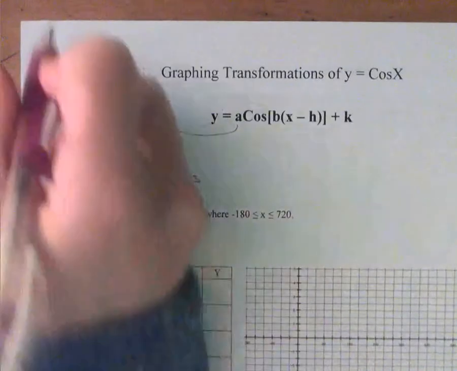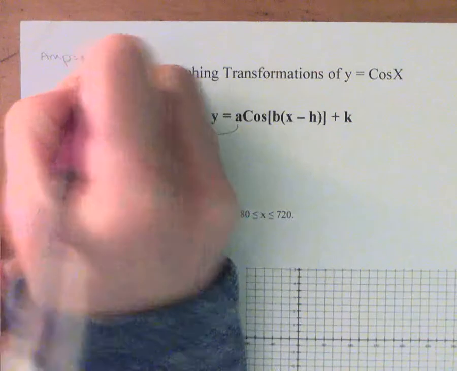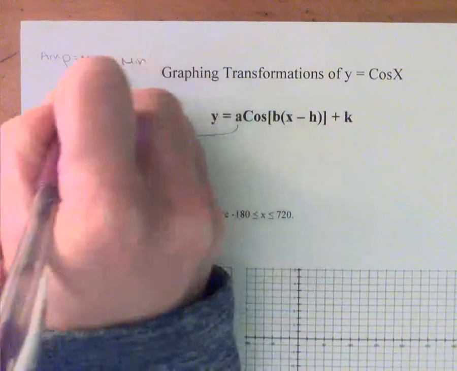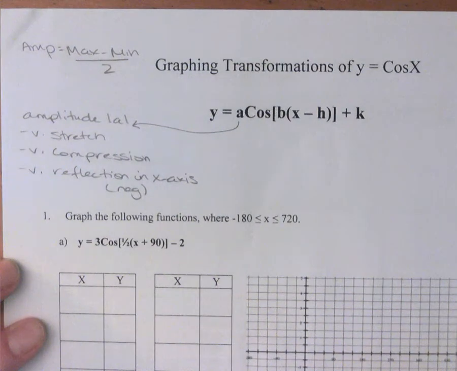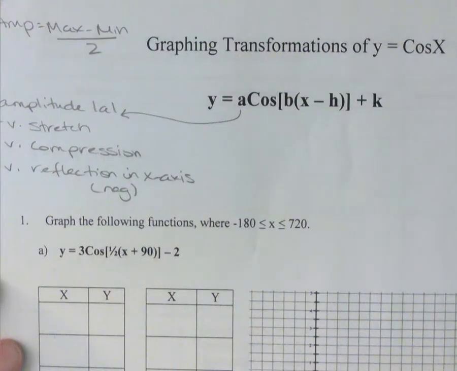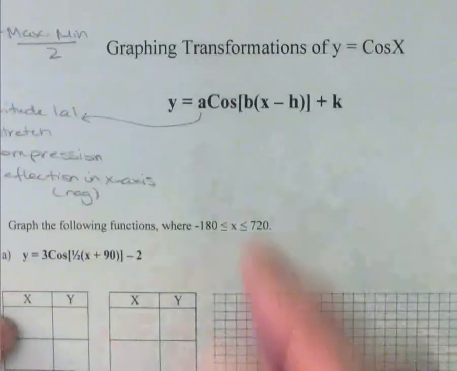We can calculate the amplitude by doing the max minus the min divided by 2. This is our trig function.